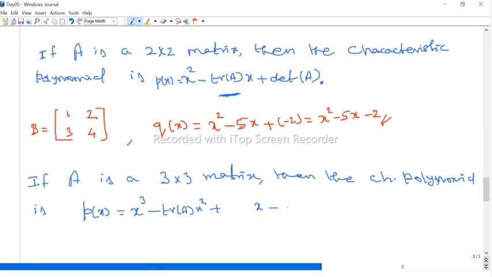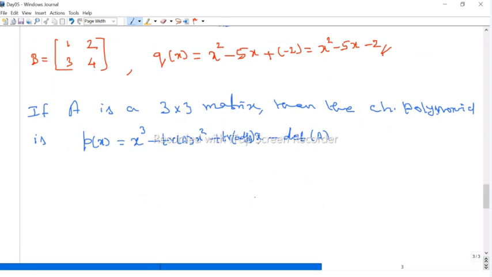And then minus, the constant term should always be the determinant of the matrix. In this case, the entry should be the trace of the adjoint of A. You can find the adjoint of the matrix and then take the trace. That is the coefficient of x.